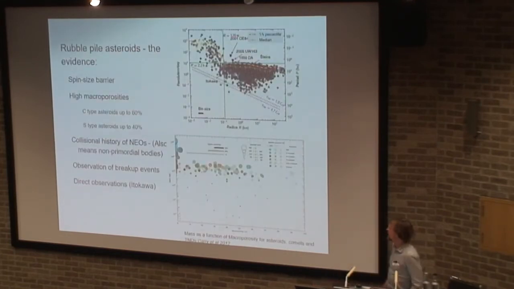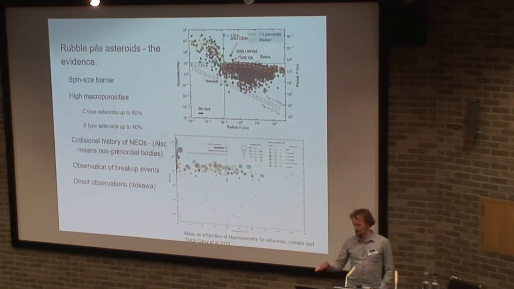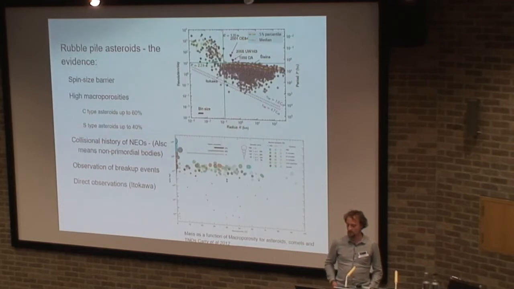So you've seen this famous plot with the rotation rate over the radius of asteroids known today. And you see this cutoff there at a period of 2.2 hours.